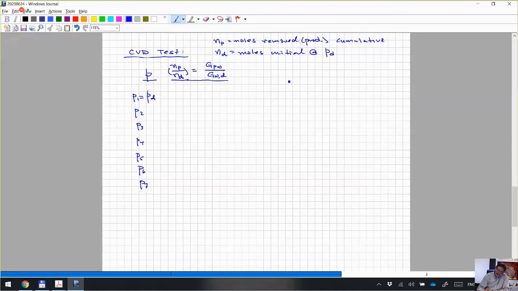And then what they say is that we're going to plot GP wet over G wet, because starting at the dew point it's 0. And then they're going to plot P over Z. And the first point here is the actual dew point divided by the Z factor of gas at the dew point. So that's the first point.